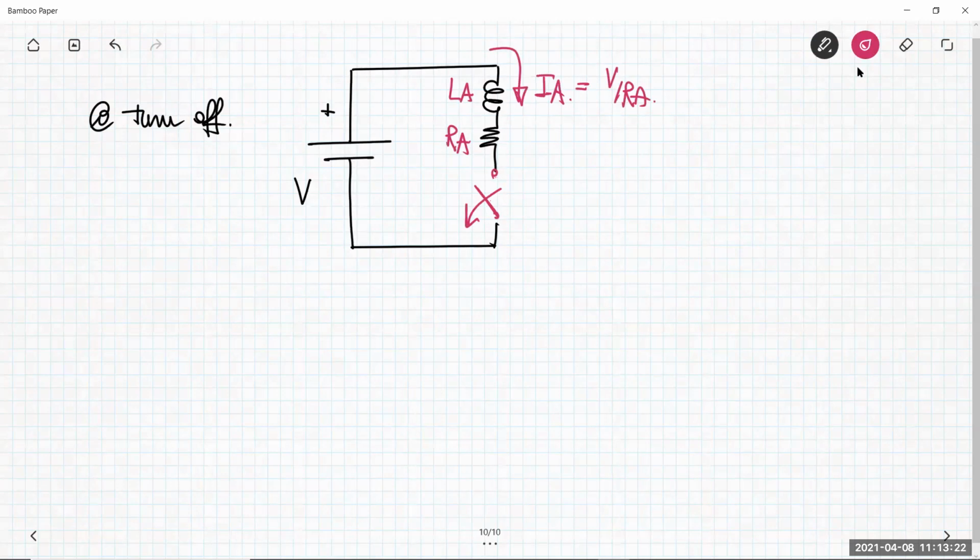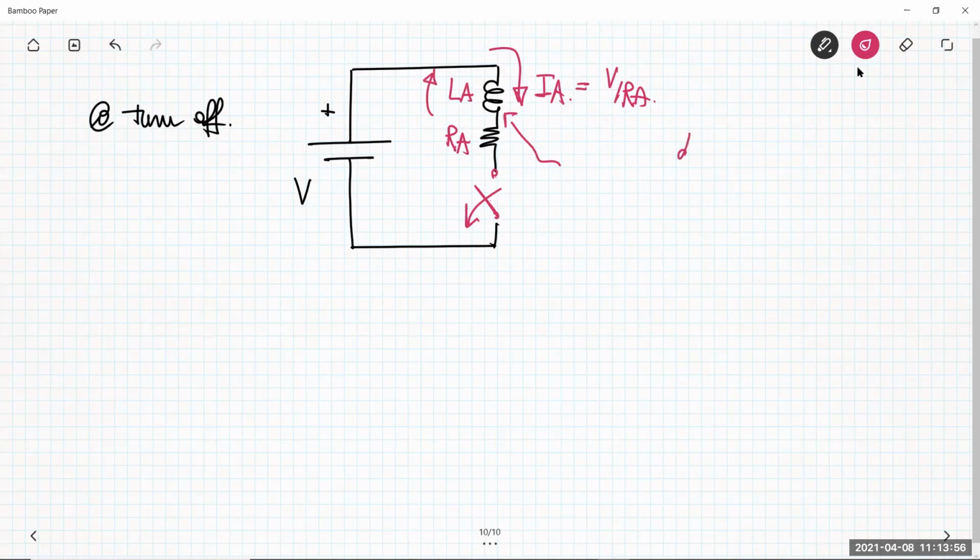Suddenly the current from IA must go to 0. But here you have an inductance, and the inductance tries to make every effort to maintain the same current level that you had before opening the switch. To do this, the voltage across the inductance changes its polarity.